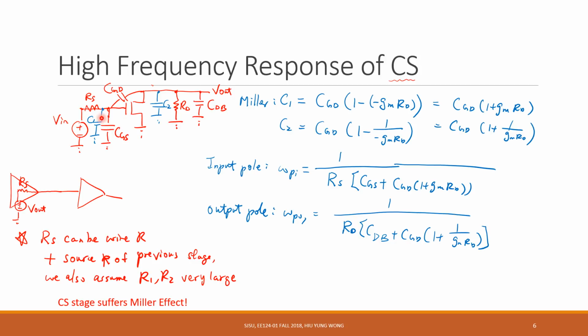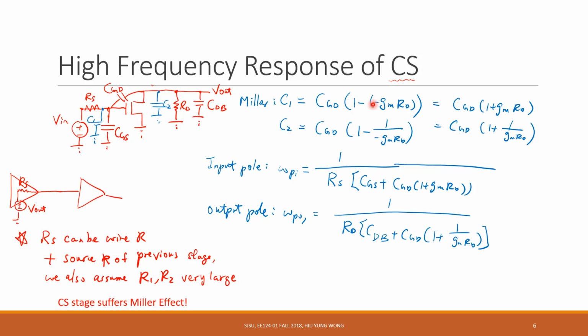We have this common source amplifier, and first we use Miller's theorem. We decompose the gate-drain capacitor into two capacitors. C1 is CGD times 1 minus the gain.